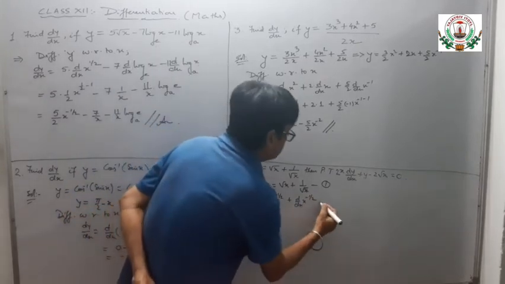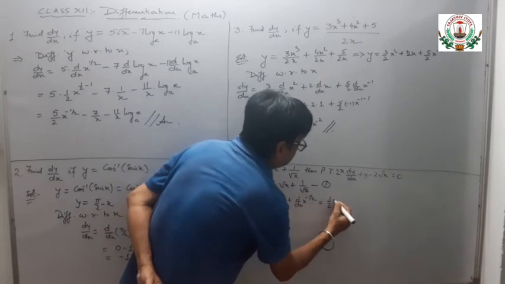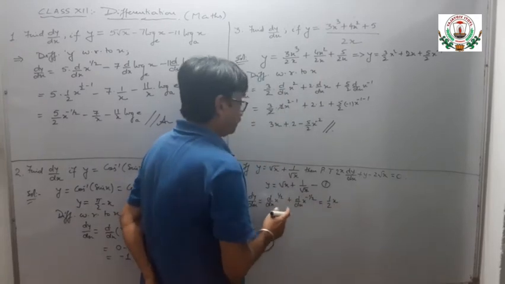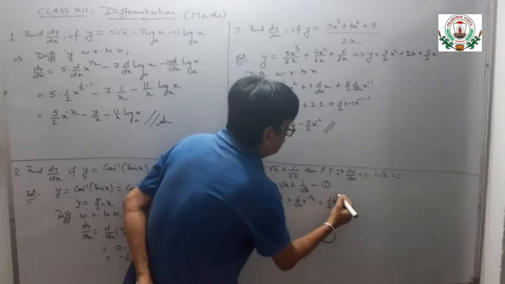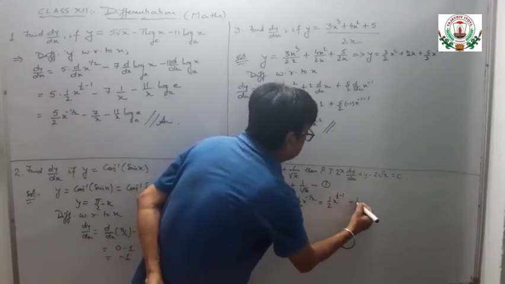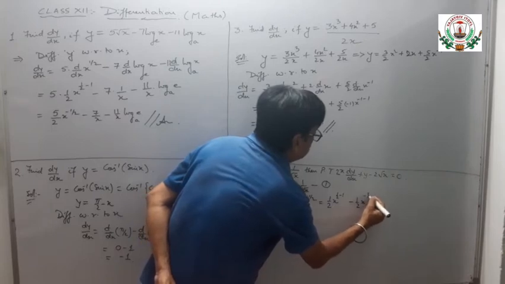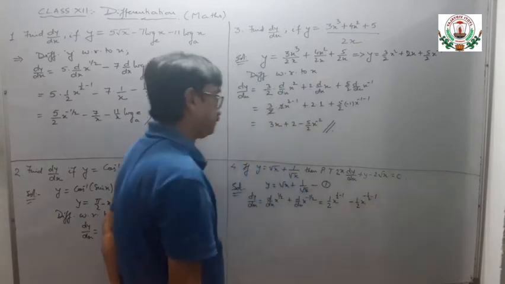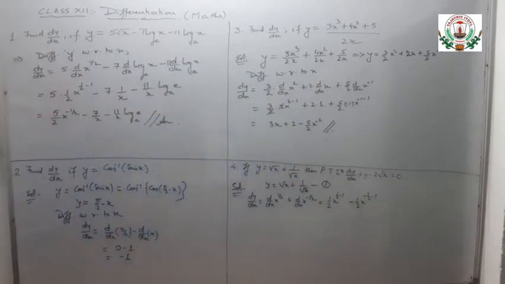When we differentiate d by dx of x to the power 1 by 2, it will become 1 by 2 x to the power 1 by 2 minus 1, and this minus 1 by 2 x to the power minus 1 by 2 minus 1, as d by dx of x to the power n is n x to the power n minus 1.